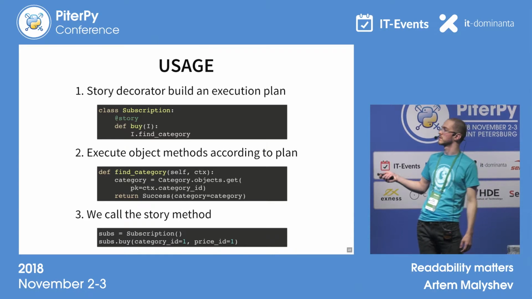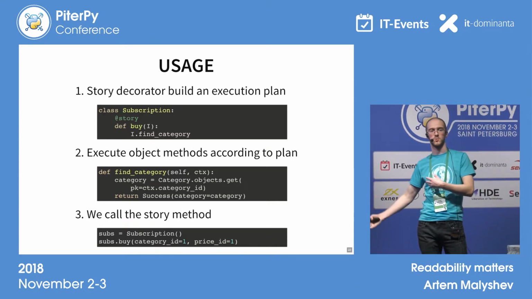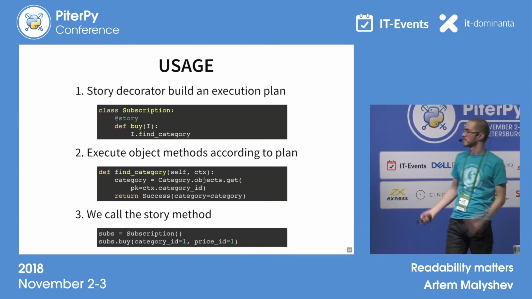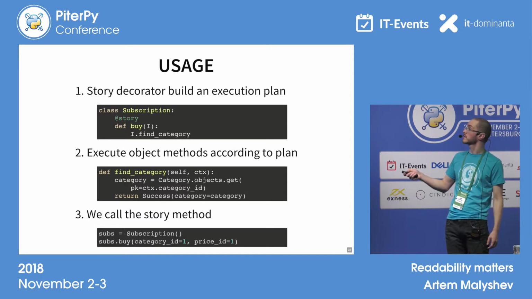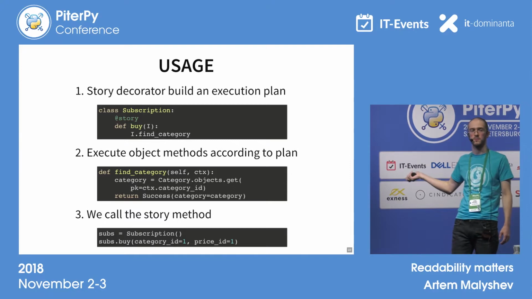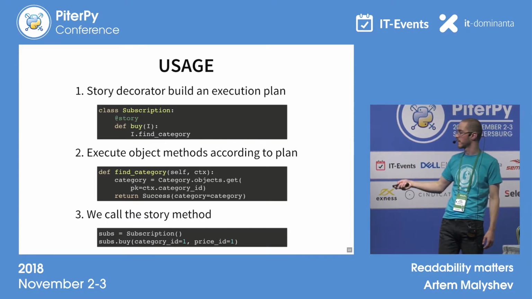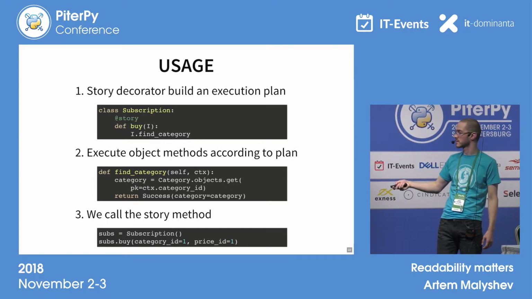It's done at the story decoration stage, just to collect everything we are going to do. When we operate with this class, it belongs to us fully, and it can be assembled and collected in any mode. This is our particular business object that can be called as a method.